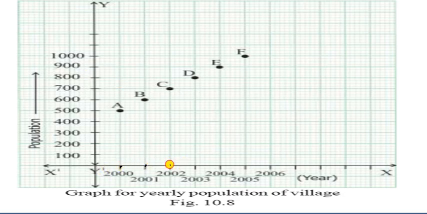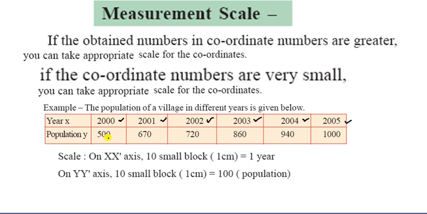You can see here on the x-axis it is 2000, this one is 2001, 2002, 2003, 2004, 2005, 2006 and so on. So years are on the x-axis, and you have to write x-axis.